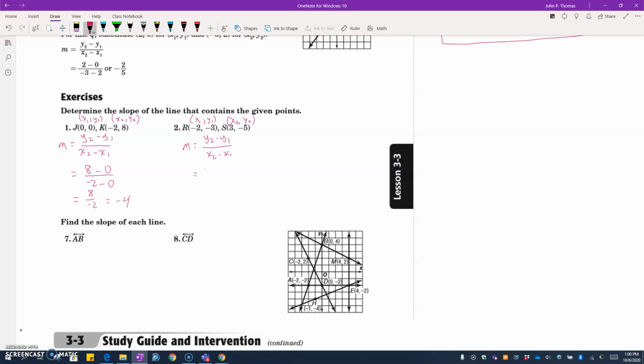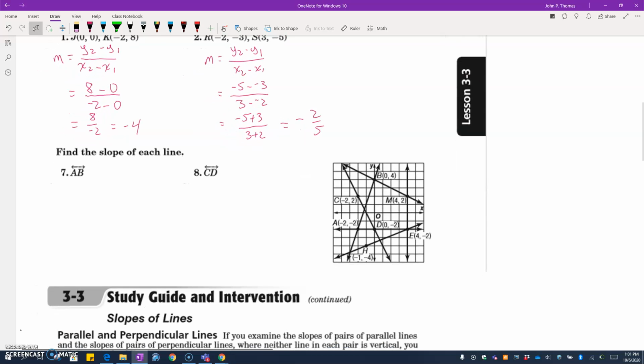So if I take y2 as negative 5, minus y1, which is negative 3, over x2, which is 3, minus x1, which is negative 2. So that's going to be a negative 5 plus 3 over a 3 plus 2, which is going to equal negative 2 over 5, so negative 2/5. And again, that's the slope of a line between those 2 points.